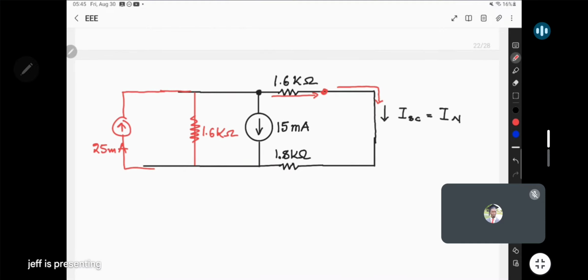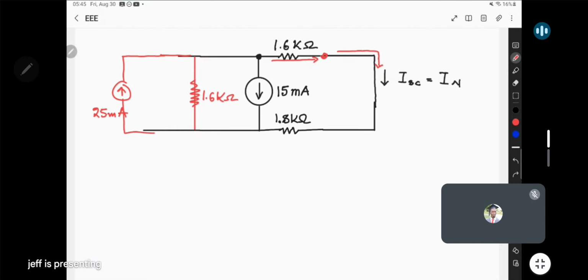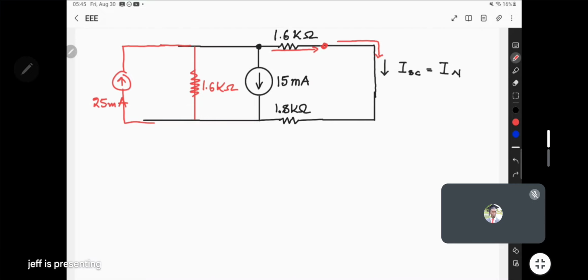Okay, so this is basically what we have. Now, these three elements are in parallel. Order does not matter, so we can change the order so that now we present them as: we have 25 milliamps here. Then here we have 15 milliamps.